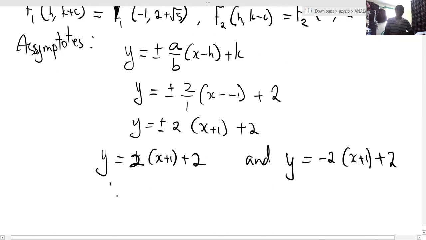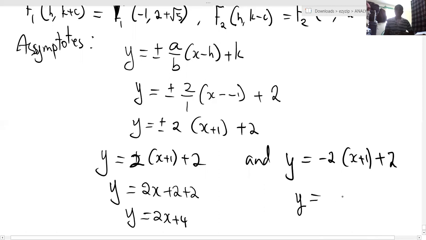And so I'll have y equals 2x plus 2 plus 2, which should be y equals 2x plus 4. And this other one would be y equals -2x minus 2 plus 2, so y equals -2x, since the constant gives us 0.